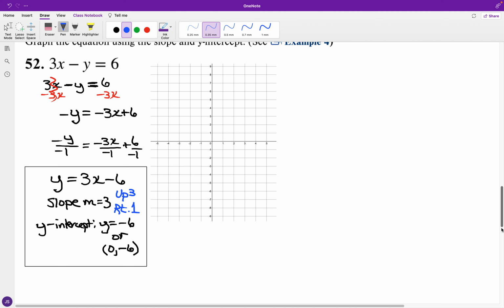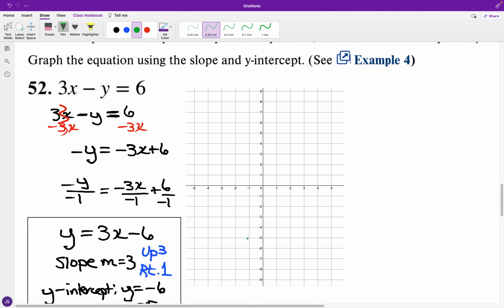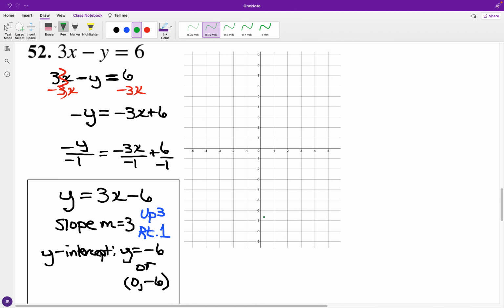1 unit. And looking at graphing the equation using the slope and the y-intercept, we have the y-intercept at 0, negative 6. And for the slope of 3, we can start a cycle of going up 3 units and shifting over to the right 1 unit.